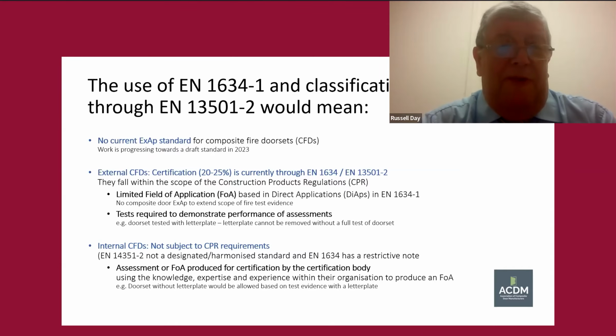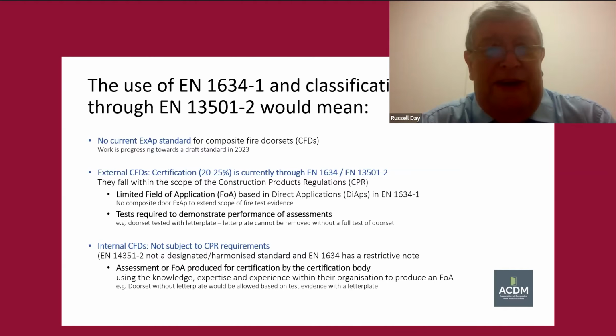However, for an internal application, the standard for that, which is EN 14351 Part 2, although published in 2018, was not cited within the official journal of the European Union, and therefore the construction products regulations do not apply to internal fire doors, and therefore no declaration of performance or UKCA marking or CE marking is required.